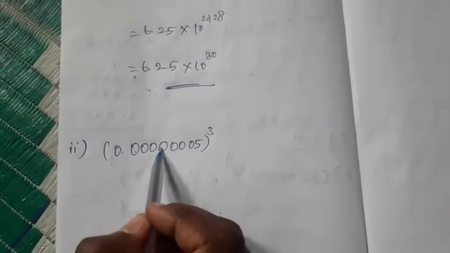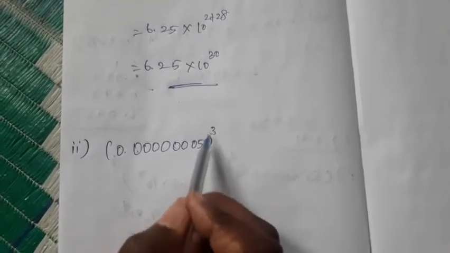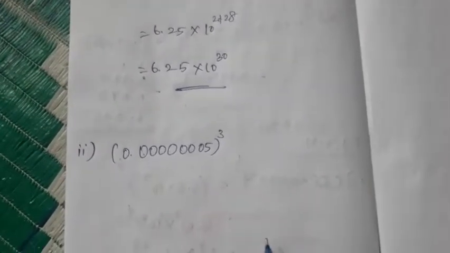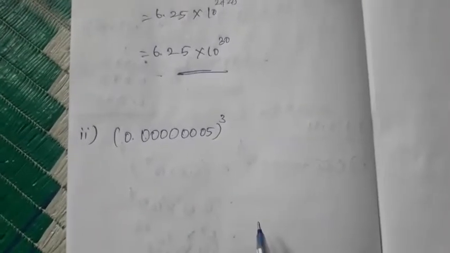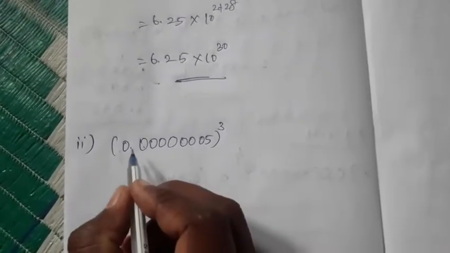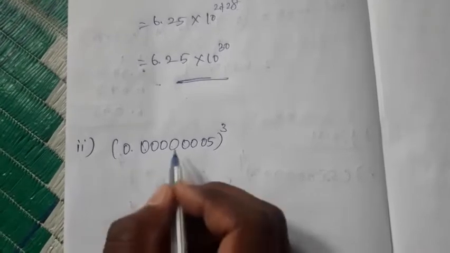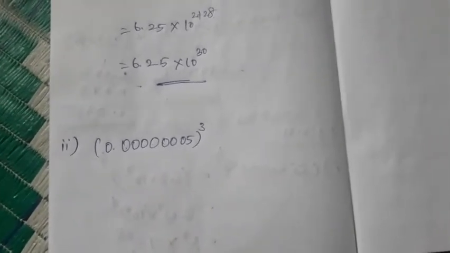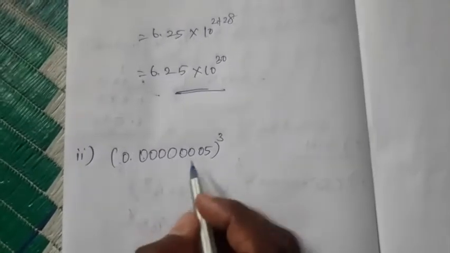So next listen, second subdivision: 0.00000005 whole to the power 3, that is 7 zeros then 5, whole to the power 3, we want to write in scientific notation. You can see that the decimal point moves towards the right side because only one non-zero digit is wanted to its left.